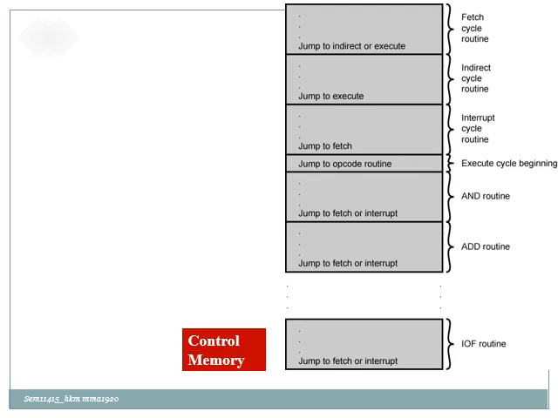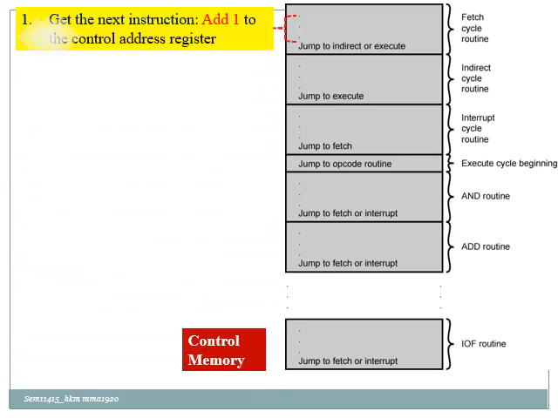The last step just mentioned in the previous slide needs more elaboration. At the conclusion of each micro instruction, the sequencing logic unit loads a new address into the control address register. However, depending on the value of the ALU flags and the control buffer register, one of these 3 decisions is made. First is the normal one, get the next instruction: add 1 to the control address register, still in the same routine.